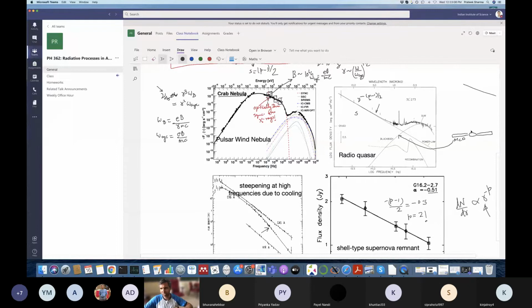But in addition to this, you also have these jets and bubbles associated with black holes, and these jets emit radio. So they are physically distinct emission mechanisms. This is thermal emission, and this is non-thermal emission due to relativistic electrons.